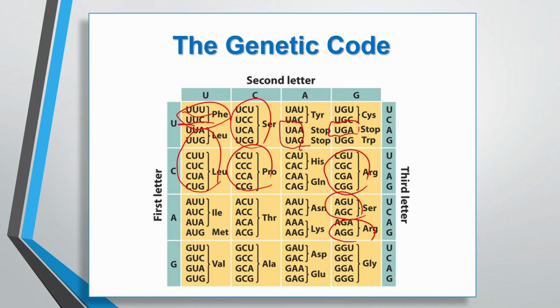And then we have one special category down here, AUG. That is both a methionine and a start codon in eukaryotes. It tells the ribosomes where to start translating. So when it comes to that, it will know to start, and the first amino acid that it will put in will be a methionine.